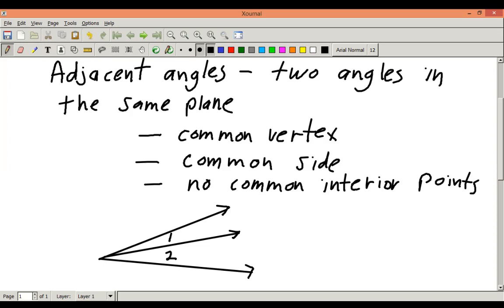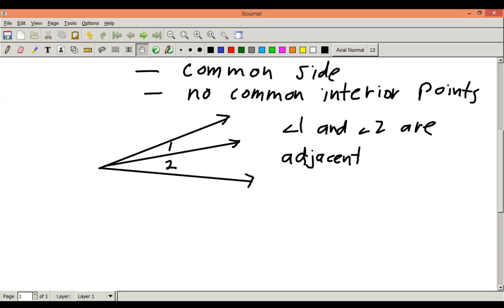And so we would say angle 1 and angle 2 are adjacent angles. So notice they have a common side. The two angles have a common side. They both have a common vertex, but there's no common interior points. So there's adjacent angles.